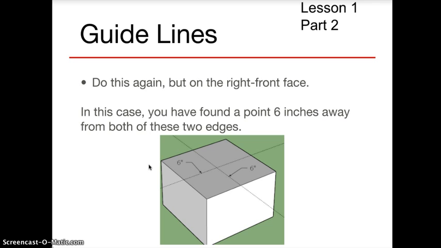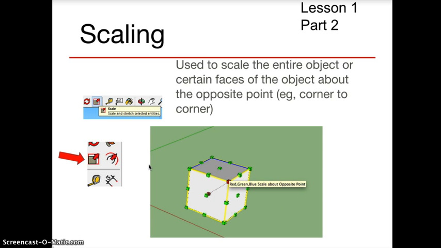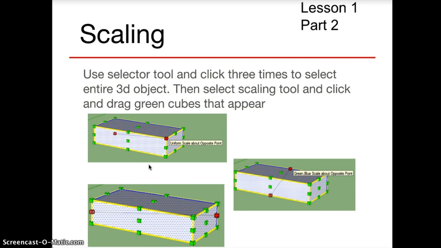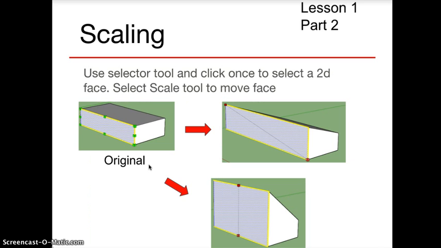Here's some more with guidelines. Now scaling: use it to scale the entire object or certain faces of an object. Use the selector tool and click 3 times to select the entire 3D object, then select the scale tool and click and drag the green cubes that appear.